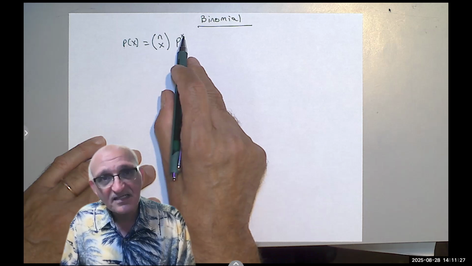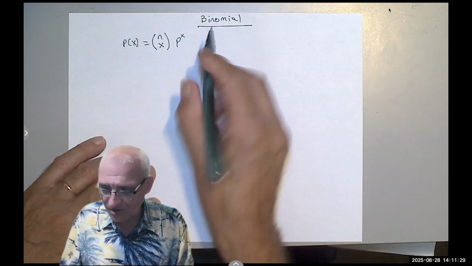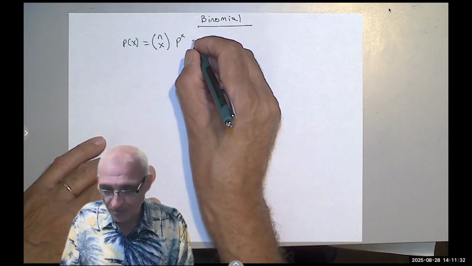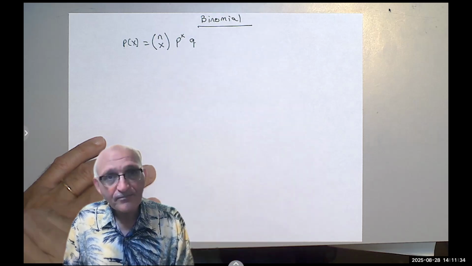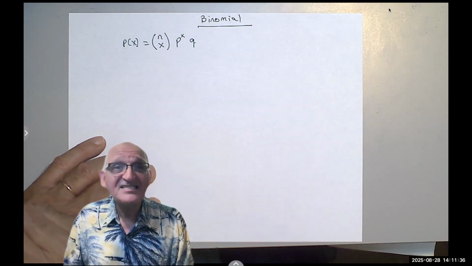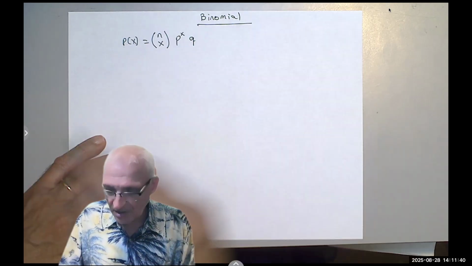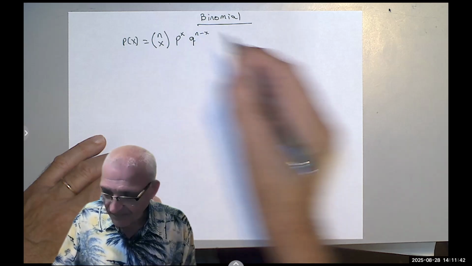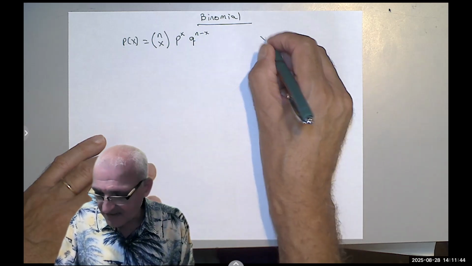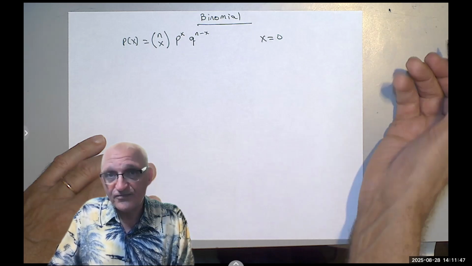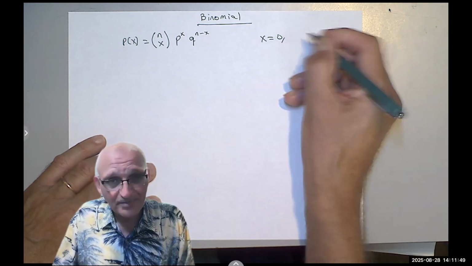But if you get x successes, it must be that you got n minus x independent failures, each with probability 1 minus p, which we refer to as q. So q times q times q, n minus x times. And x, of course, can be 0 if you don't get any successes. It cannot be negative.